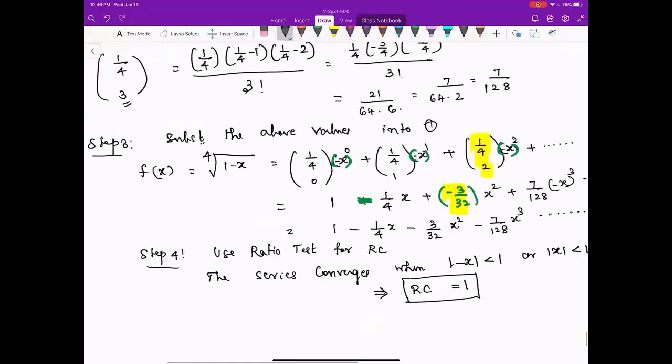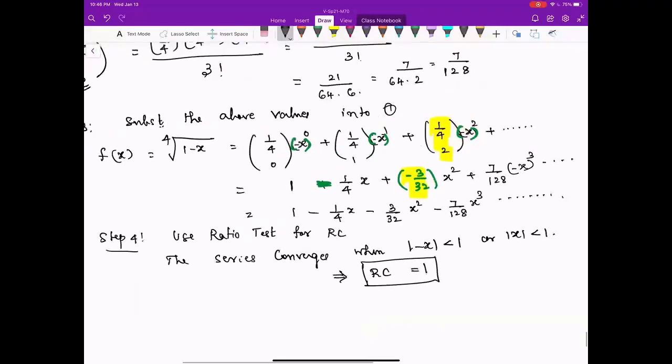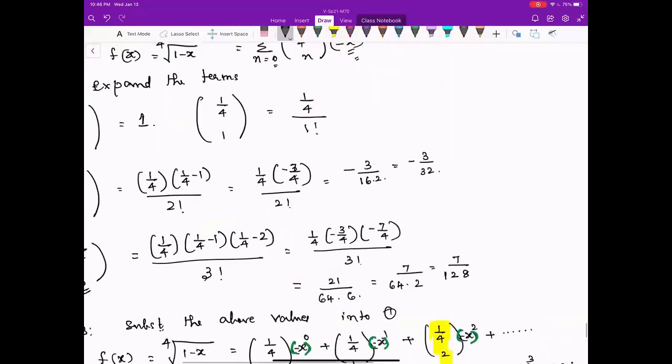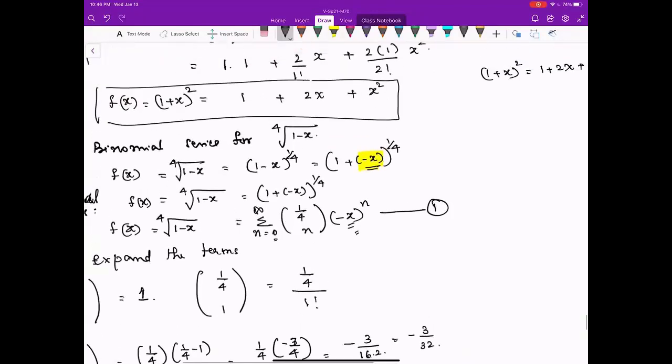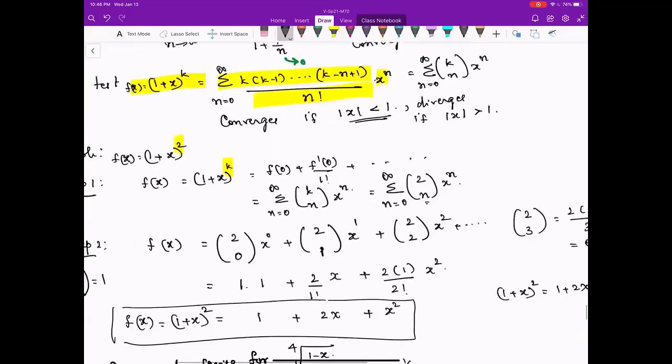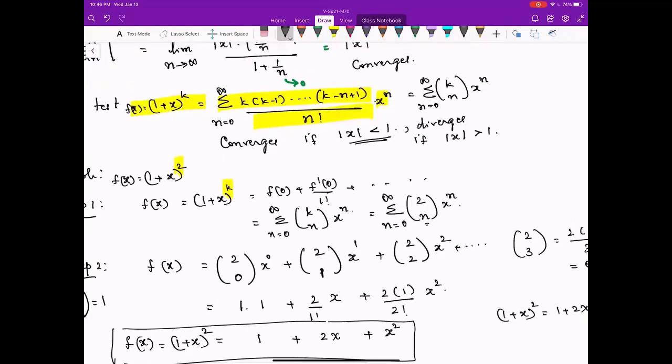So we have to do the last part, which is finding the radius of convergence. For that, we are going to use the ratio test. But we also know that the binomial series converges when absolute x is less than 1. This is what we stated in this step.